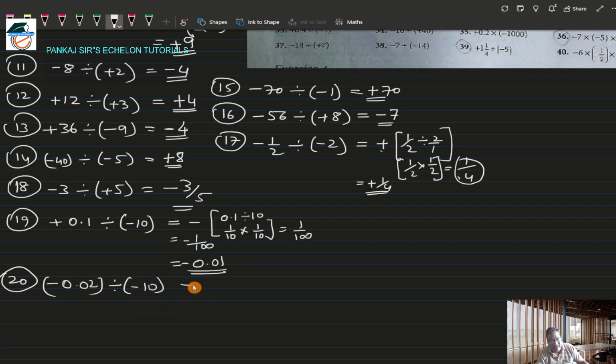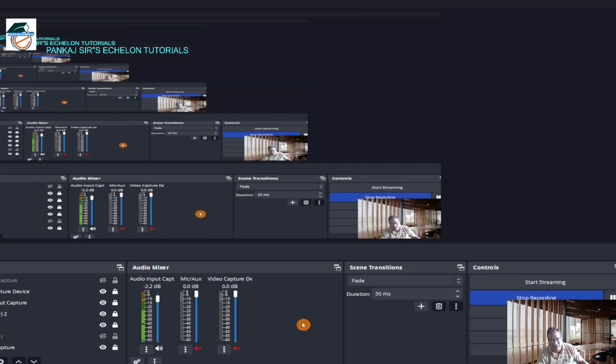So as usual, minus upon minus is plus, and the numbers you have to divide now. How are you going to divide? 0.02 divided by 10. So this 0.02 I'll write in fraction form as 2 upon 100. This division I'll convert into multiplication, and this 10 I'll write as its reciprocal.